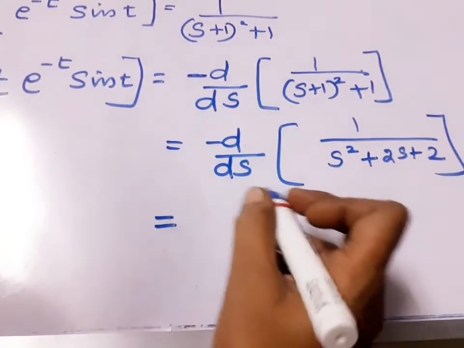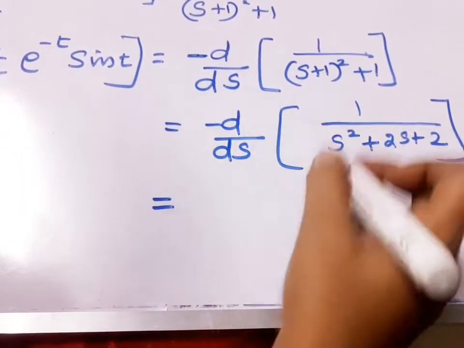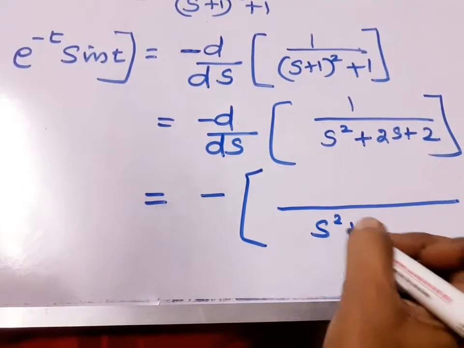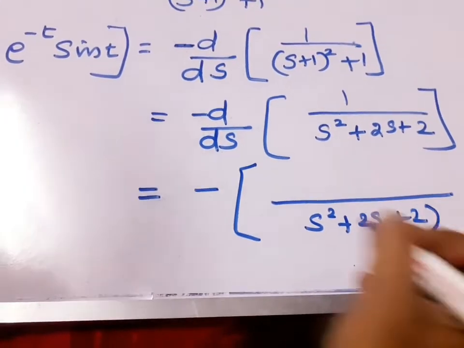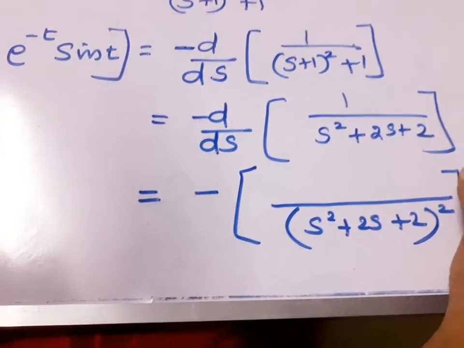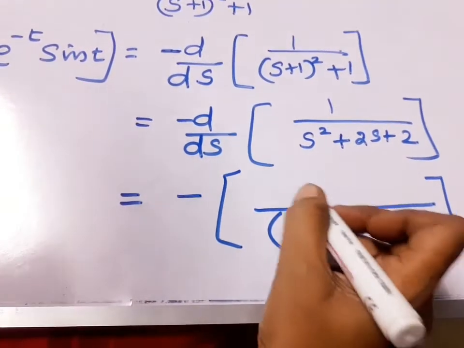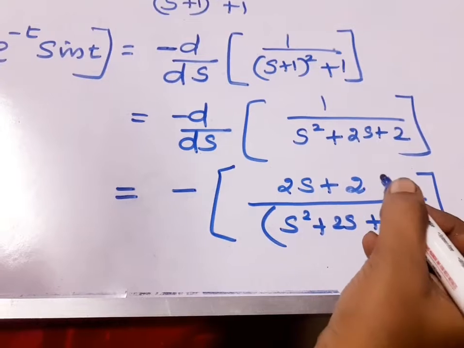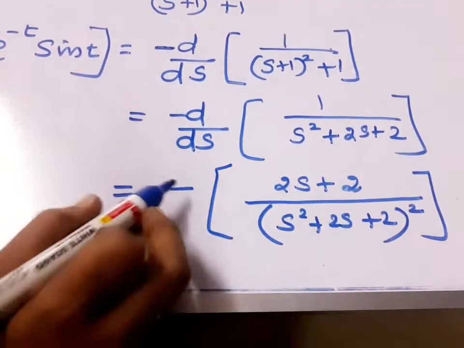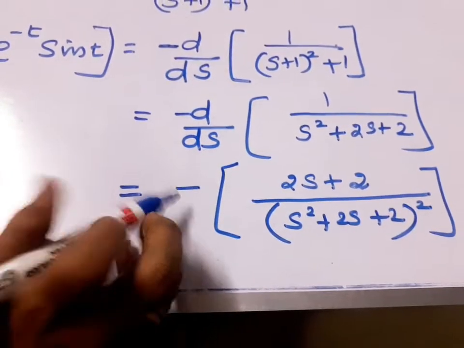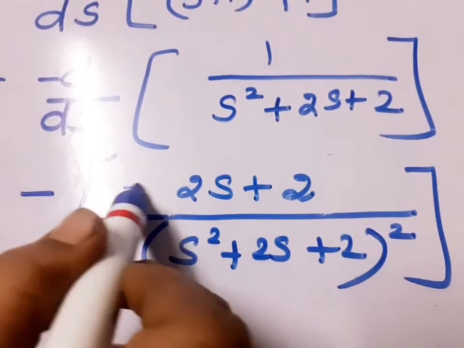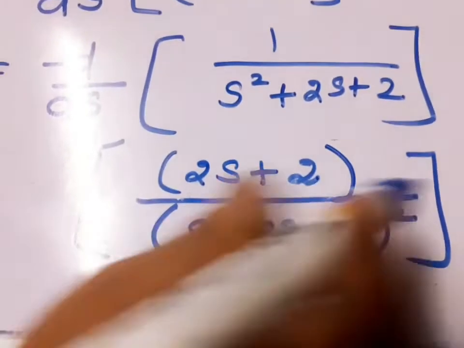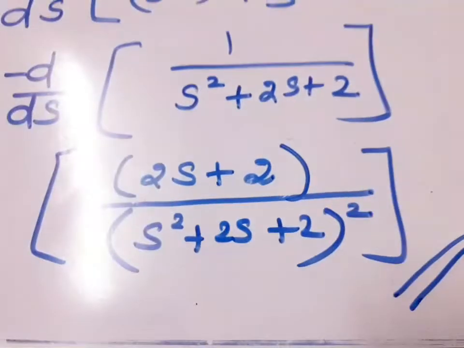So whose solution is, after differentiating, we may get s square plus 2s plus 2 the whole square in the denominator, and the derivative of the denominator is 2s plus 2 with minus sign. So minus minus becomes positive. So this is our solution for this problem.